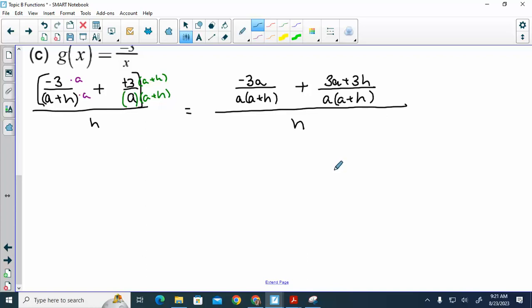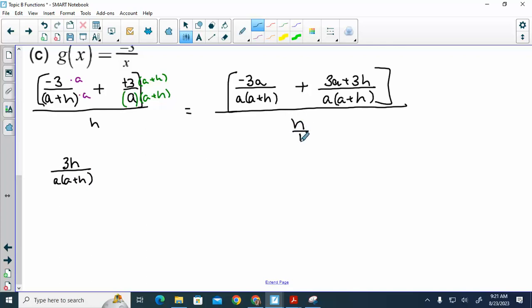All right. Now, these denominators match, so we can put those fractions together. When I put them together, what happens? Negative 3a plus 3a drops, so we just get 3h for a times a plus h. Okay, this is like an h over 1.